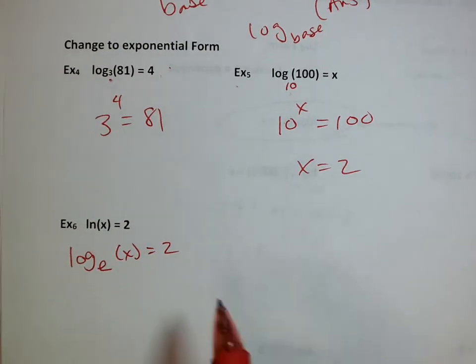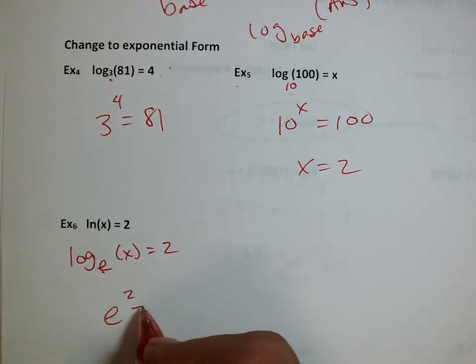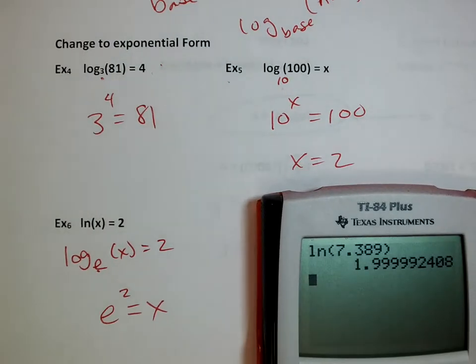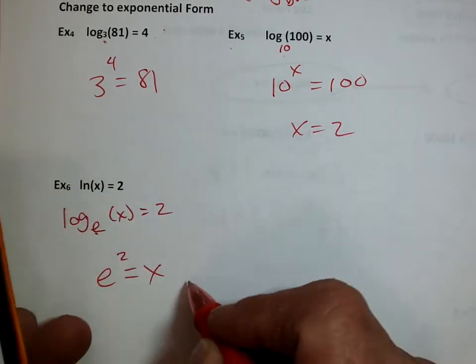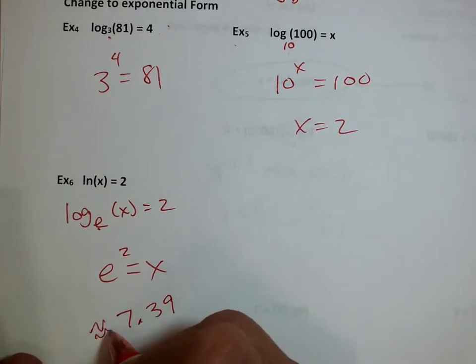So now we can change this to e to the 2 equals x. What is e to the 2? We have a calculator for that. Claire can go e to the 2nd power, and it's about 7.39, approximately equal to.